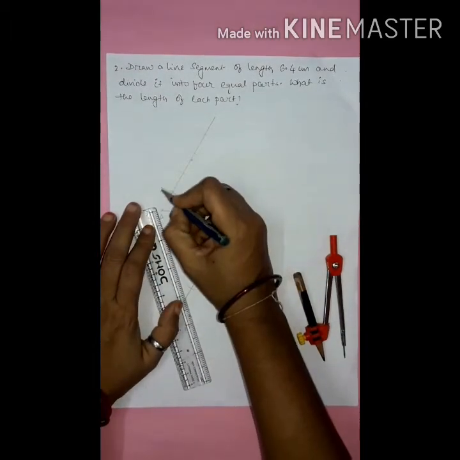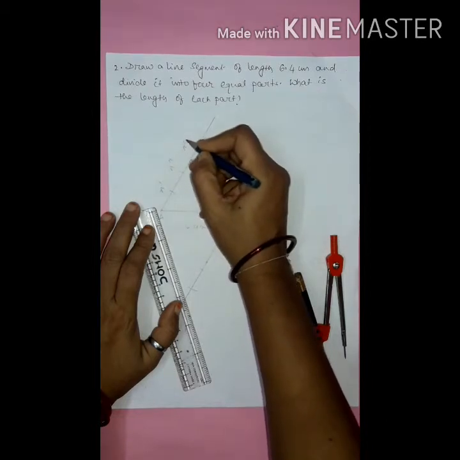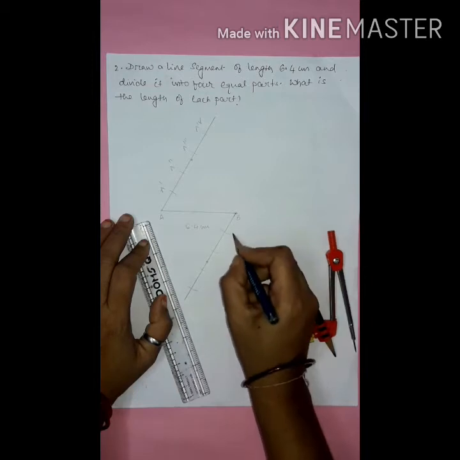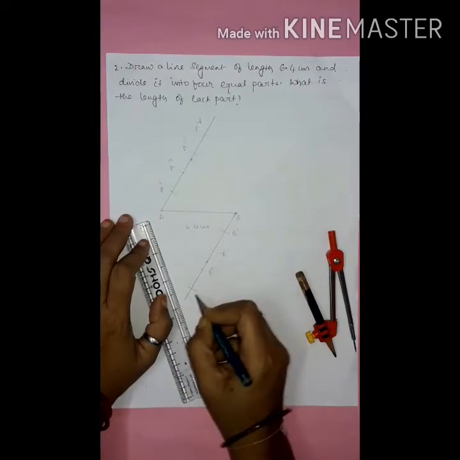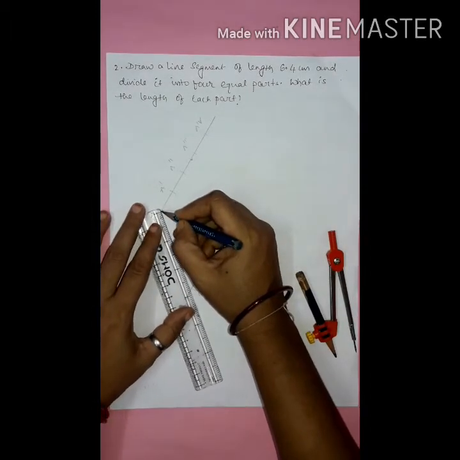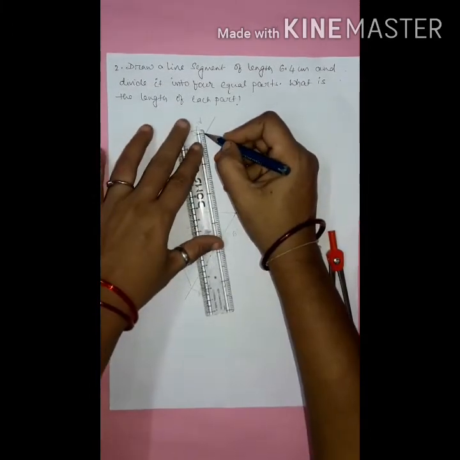Make this A dash, A double dash, A triple dash, A fourth dash. Clear? It is also B dash, B double dash, B triple dash, B fourth dash. So you have to do like this. You have to join A to B fourth and A fourth to B.